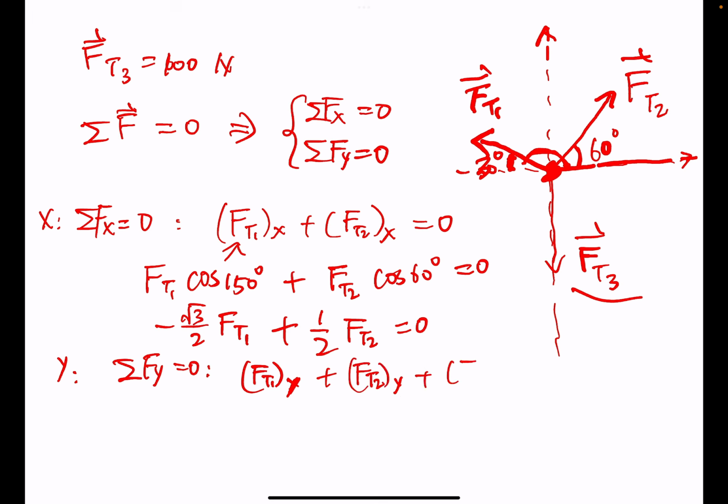What's the angle of Ft3? For Ft1, the angle is 150 degrees, and if you want to find the y component, you should use sine 150 degrees. For Ft2, the angle is 60 degrees, using sine 60 degrees. Okay.